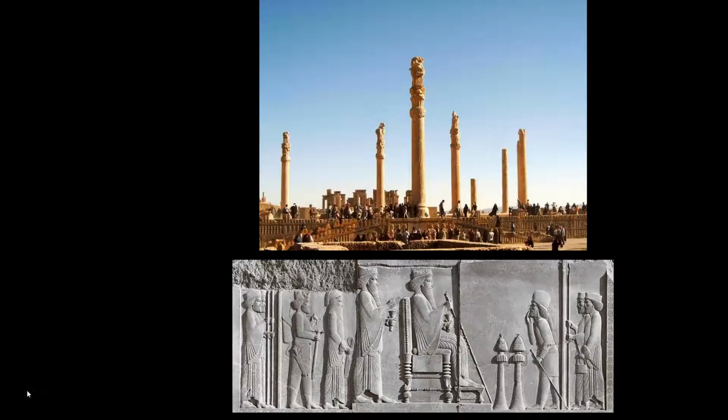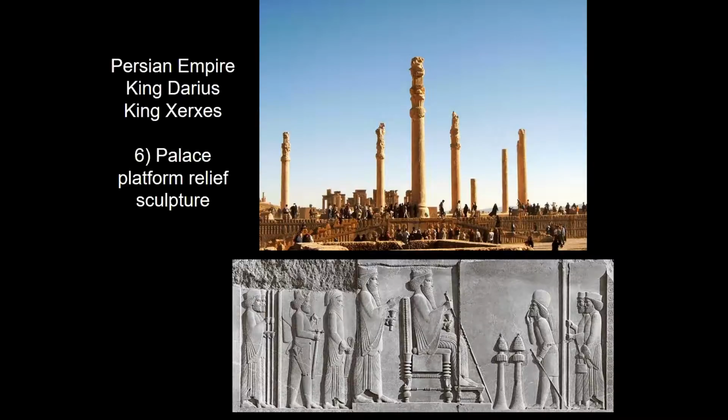And you're looking at what was a palatial audience hall for the Persian king. And what I want you to note is that the platform at the bottom, this is what was beautifully decorated in stone relief. It's this area and here that's carved with images like you see on the bottom.